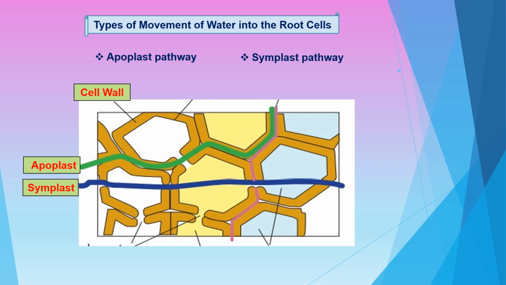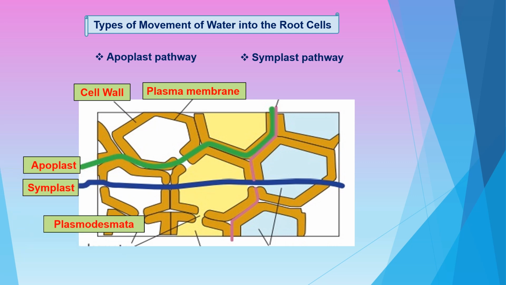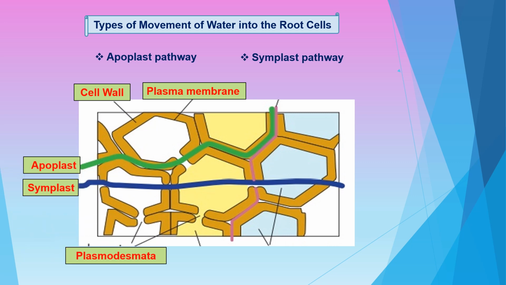Second one, symplastic movement. The water travels through the cell wall, cytoplasm, and plasma membrane. Intercellular movement is through the plasmodesmata. What is meant by plasmodesmata?